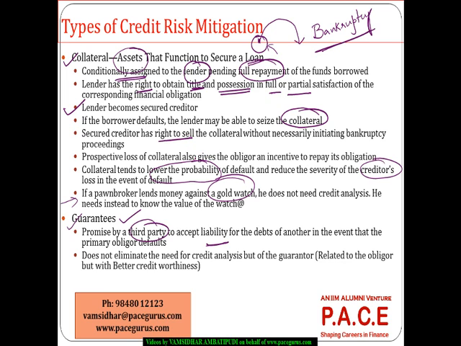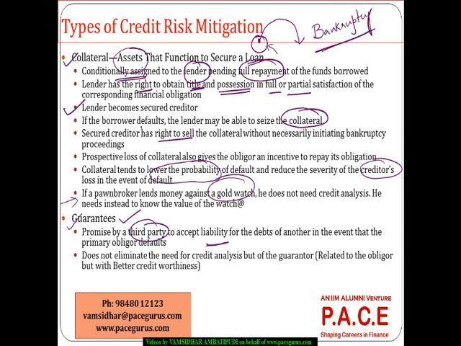Now the original lender has to evaluate the creditworthiness of the guarantor, because overall the credit risk or credit analysis is not getting eliminated here. The only thing is that now the lender has to do the credit analysis of the guarantor, and he may not need to do the credit analysis of the original borrower at all.